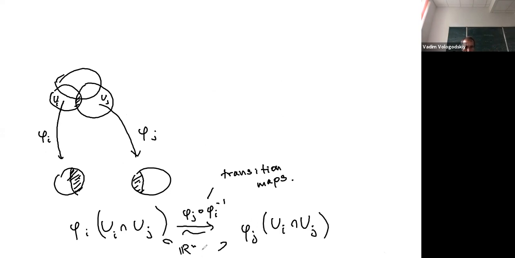We say that it's smooth if every coordinate of this function has partial derivatives of all orders. When I say smooth, I mean that it has all derivatives of all orders, that it is a C infinity map.